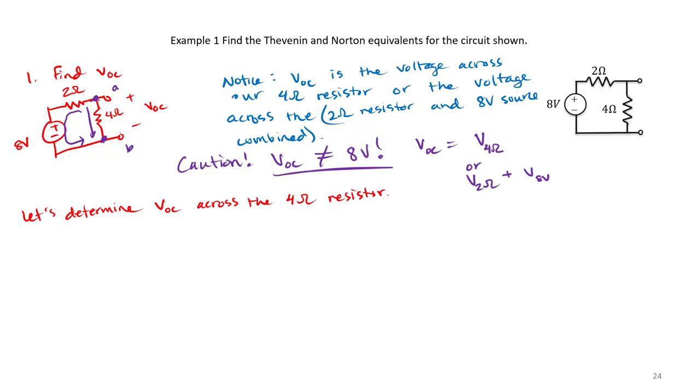In this case, I'm going to go ahead and use that series relationship. I'm going to notice that the 2 ohm and 4 ohm resistors are in series with my 8-volt source. That means we can use voltage division.